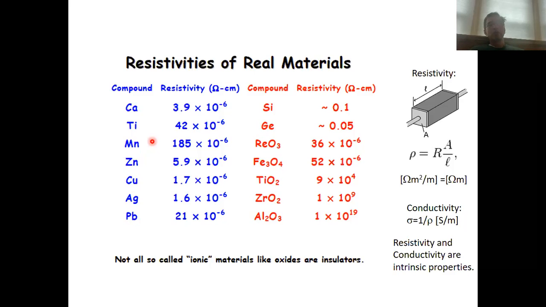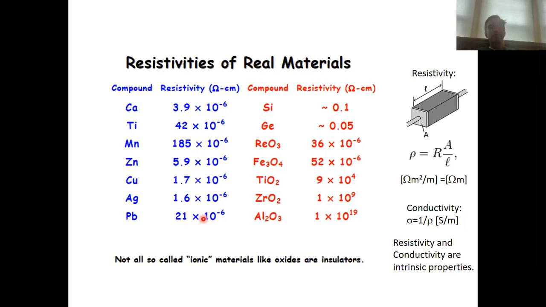They are all in the order of a number times 10 to the minus 6 ohms times centimeters, which is the unit for the resistivity. These numbers are all pretty small, but nonetheless, they are not the same. They can still vary over a few orders of magnitude.